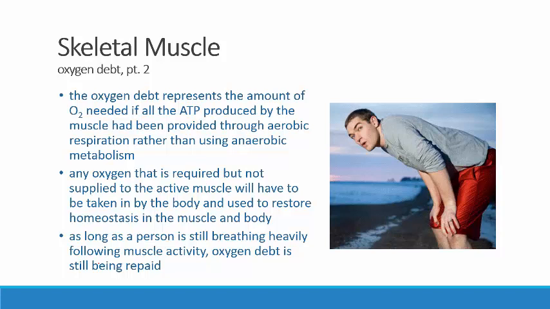One way to know that a body is still paying back, quote unquote, or in the process of restoring homeostasis, is when the person is still breathing heavily and attempting to get additional oxygen, like this guy here, attempting to get oxygen back into the body to repay the oxygen debt.